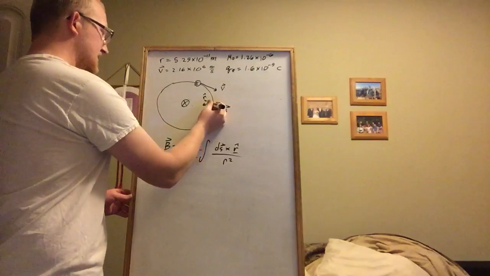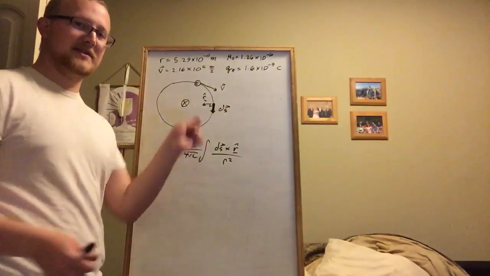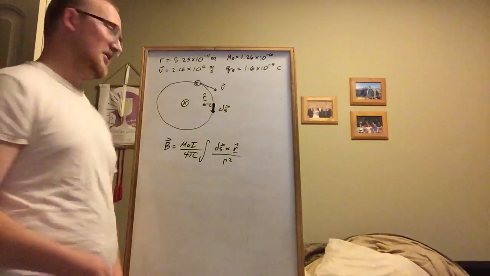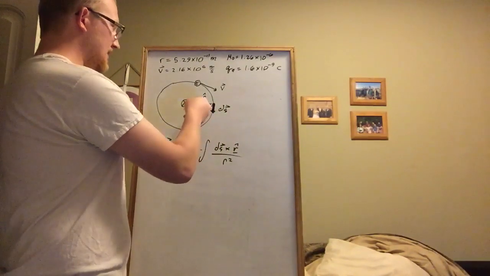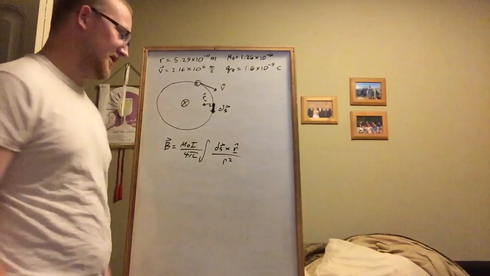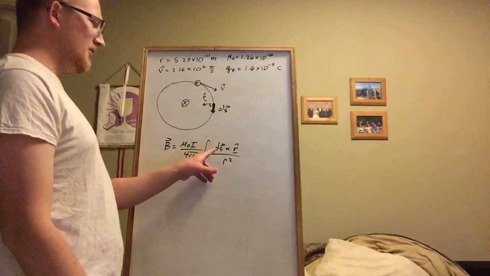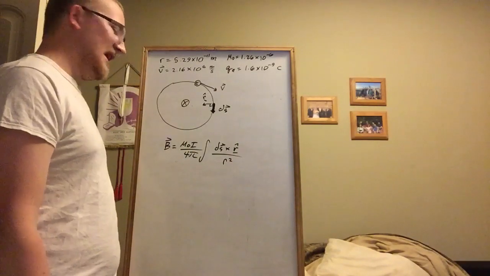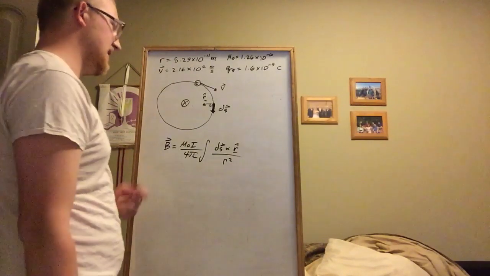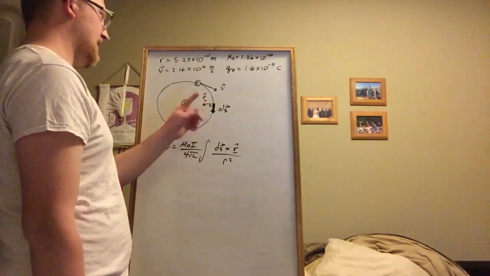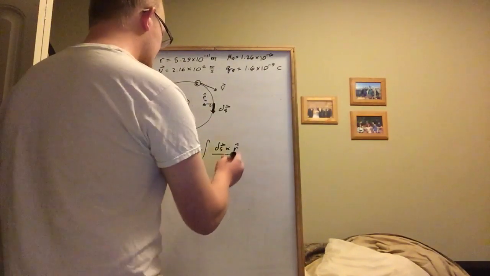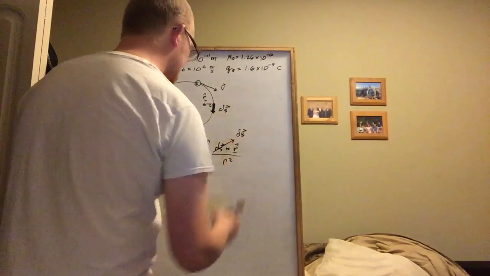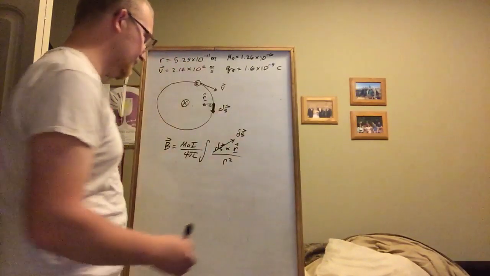One thing you'll notice is that because this is traveling at a constant velocity and it's purely circular, not elliptical, the radius is always at a 90-degree angle with ds. We know that ds cross the r unit vector is going to equal ds sine theta, and theta is 90, so that simplifies down to just ds, because sine of 90 is 1.